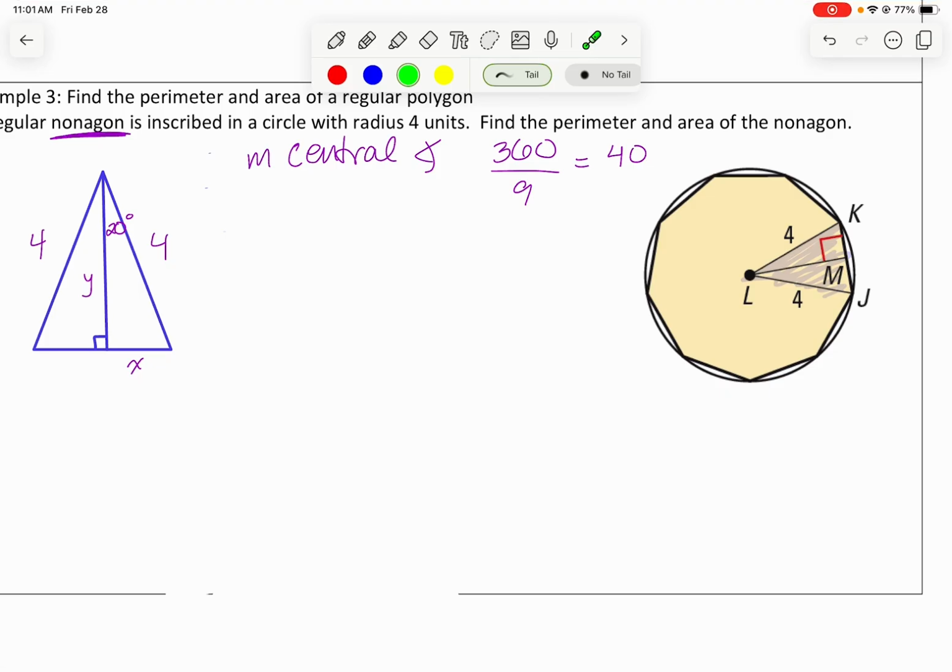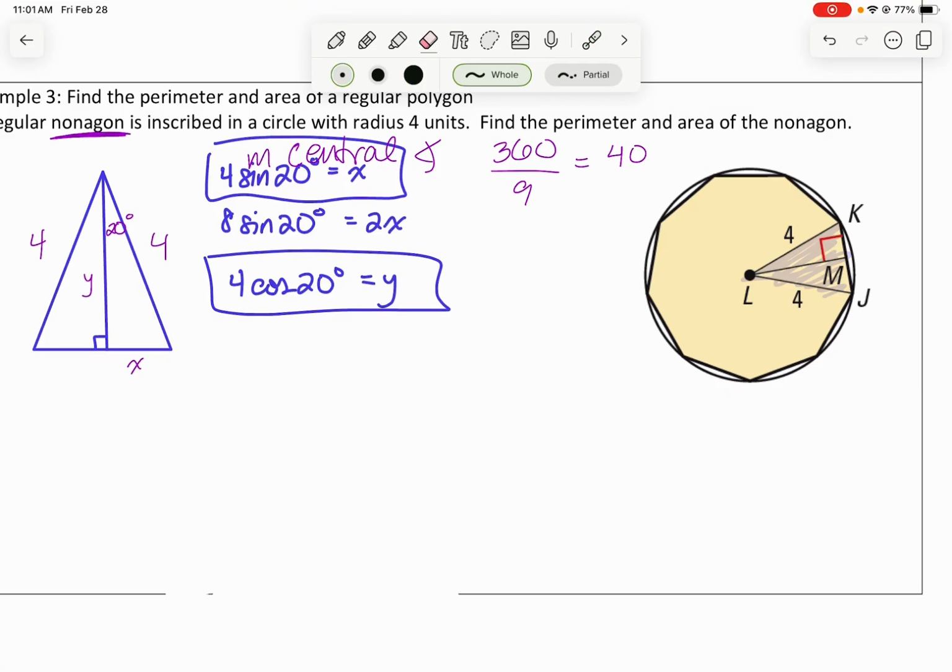All right, so you should have just gone through and been able to find that 4 sine of 20 gets you x. And then when we want to find 2x, that's 8 sine of 20. So I can label that down here. The whole base is 8 sine of 20 degrees. And that y is 4 cosine of 20. Now you can plug in, so this is a nonagon, so our area is going to be 9 triangles.